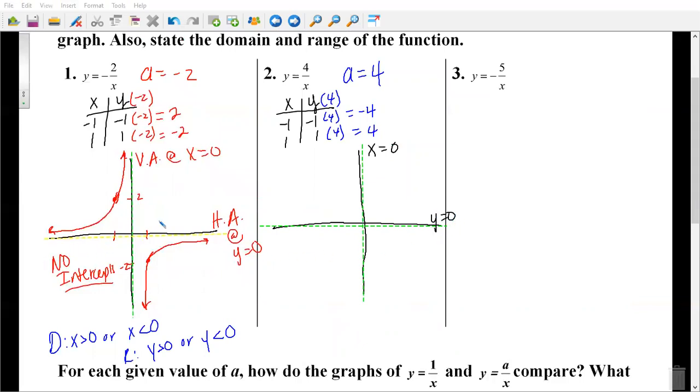And I'm going to plot my points. So I have -1, -4. So -1, and then we're going to come down here to -4. I have +1, +4. And I'm just going to follow the asymptotes.